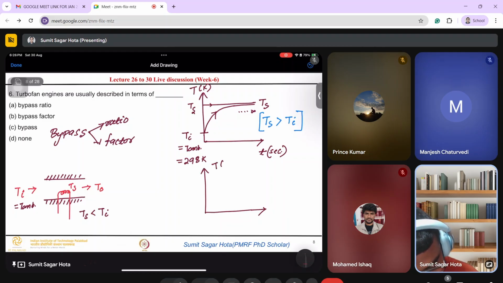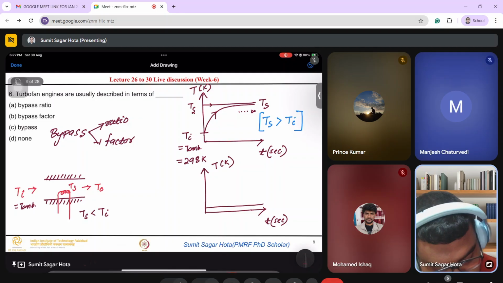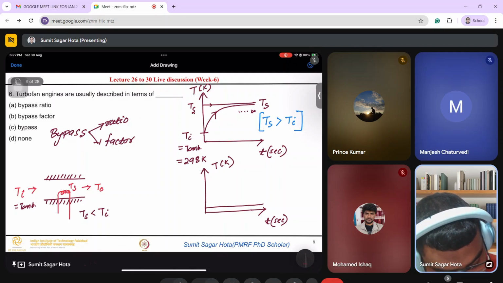That means this Ts is now actually fixed. Maybe the AC is maintained at a temperature of some 20 degrees Celsius or something like that.